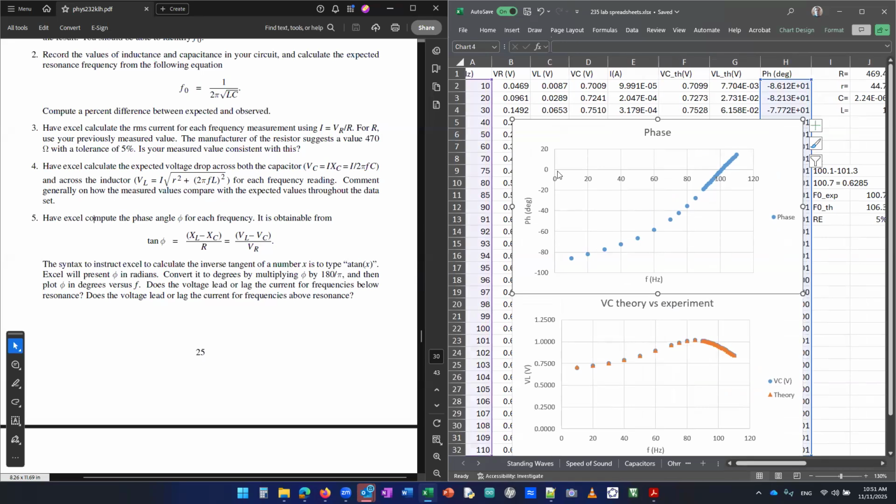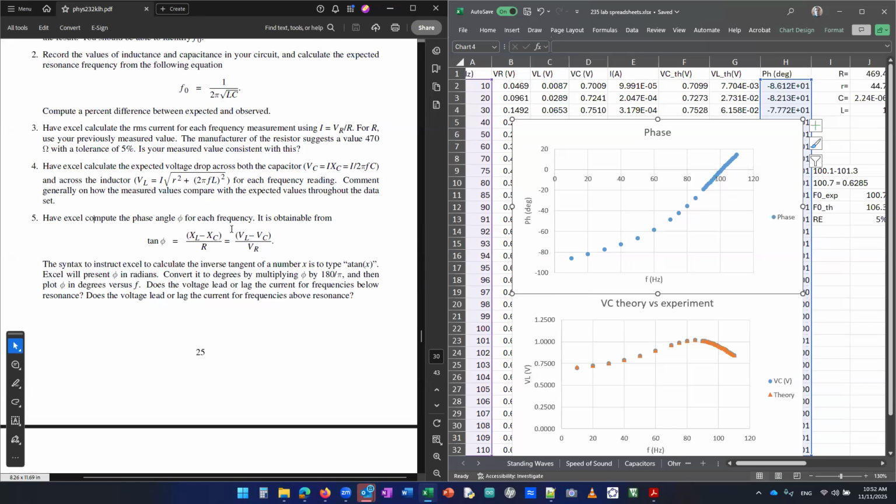So again, the horizontal axis is frequency, and the vertical axis is phase angle. So from minus 90 degrees roughly to 0 degrees at resonance, and then to positive angles. So this tells you voltage is leading current here above resonance, and below resonance voltage lags from current.